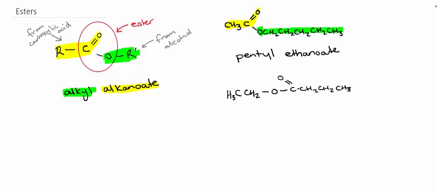It's important to keep in mind that esters can be drawn in both directions, so you can't decide which group is the alkyl or the alkanoate part of the structure purely by what's on the left or right. So every time it's very important that you firstly identify the oxygen that is bonded to an alkyl group. So in this case it is on the left.